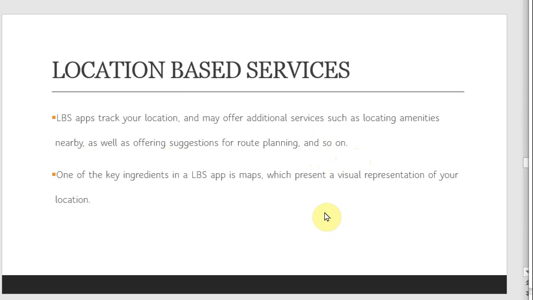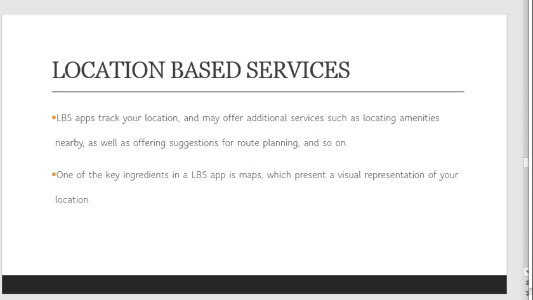One of the key ingredients in an LBS app is maps, which present you a visual representation of your location. Here we are going to see how you can use Google Maps in our application, and how you can manipulate it programmatically.